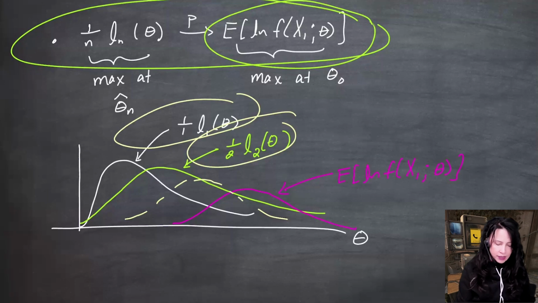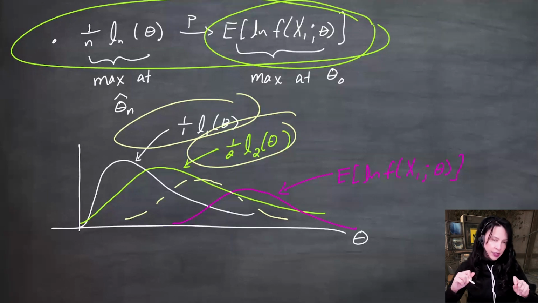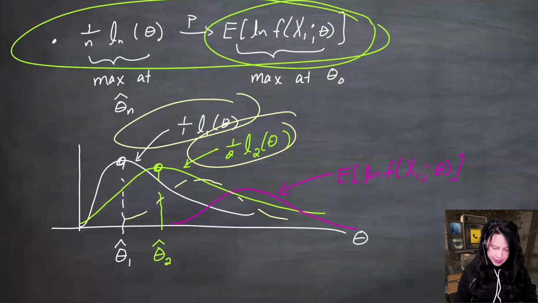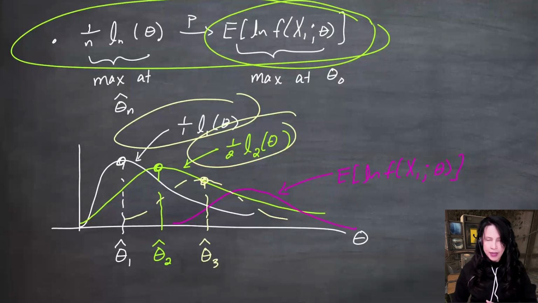Now, what is the maximum of my first curve drawn in white here? It happens here, and it's defined to be at theta 1 hat. That's the MLE if we have a sample of size 1. And the maximum on the green curve is here, and this is going to be the MLE from a sample of size 2. Kind of have a yellow curve in here, and this is going to be the MLE from a sample of size 3. And finally, this pink curve is maximized at theta naught.